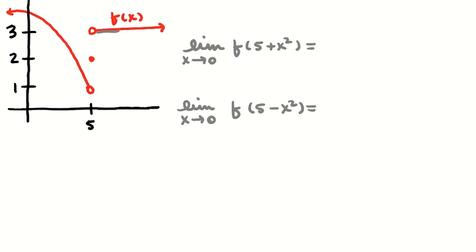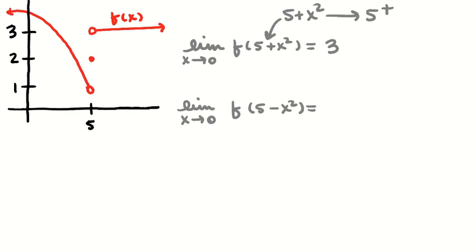Now, if you do the same thing with a small negative number, when you square it, it becomes a really small positive number. And so you're still approaching 5 from the right. So this is equal to 3 because 5 plus x squared approaches 5 from the positive side, regardless of whether x is positive or negative.